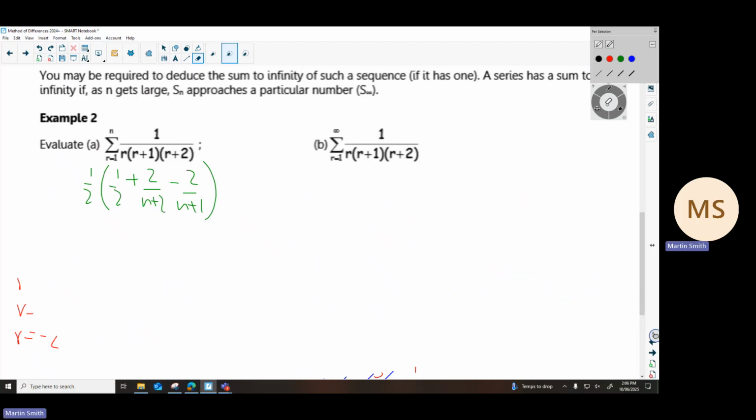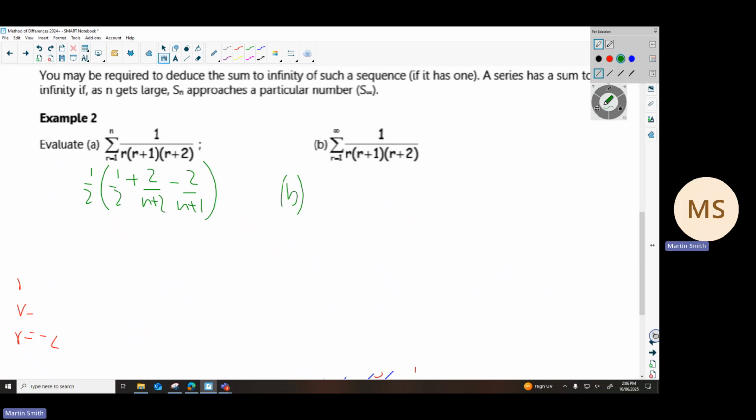Okay, so here's my answer now to part B. So the sum to infinity in A-level mathematics, the only sequences that you're required to find the sum to infinity for are convergent geometric sequences. It's a over 1 minus r. In further maths, we can find the sum to infinity just by seeing what happens as n gets large.